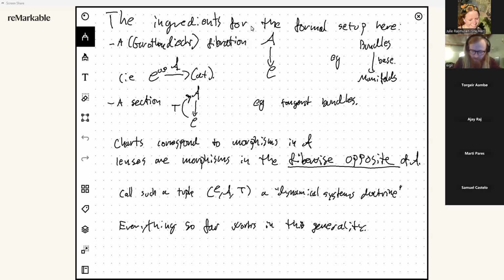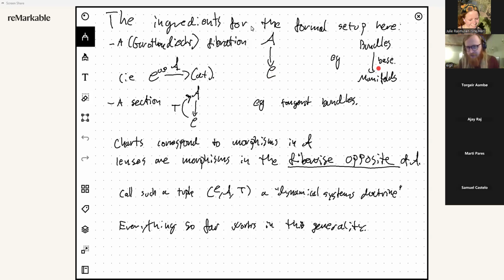The ingredients that we need here are a Grothendieck fibration A to C. If you're one of those people who learned category theory from Higher Topos Theory, this is what Lurie calls a Cartesian fibration. It gives you a functor from C up to Cat, so the fibers vary functorially, contravariantly, in the objects of C.